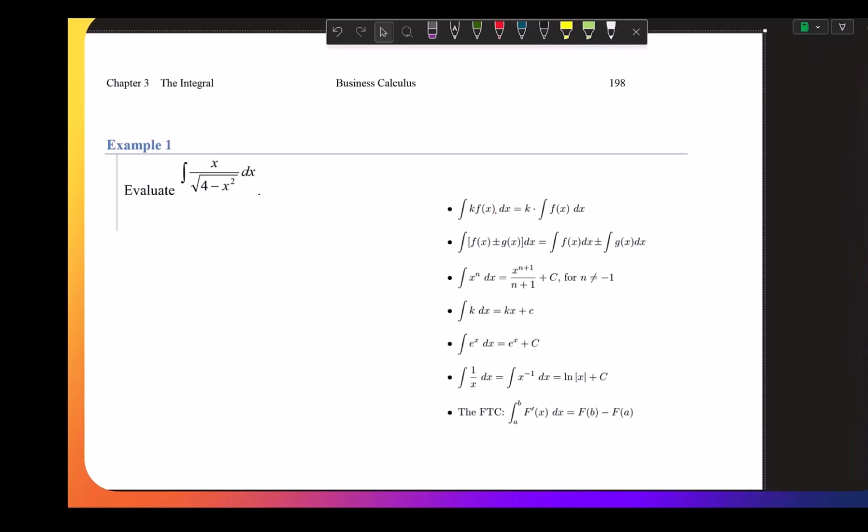We have our first function to integrate. It's x divided by the square root of 4 minus x squared dx. I don't see that formula anywhere here. We're only going to be using these integrals.